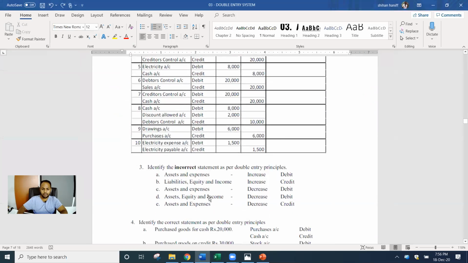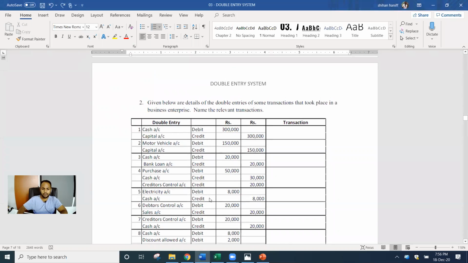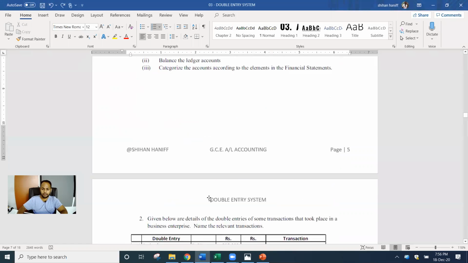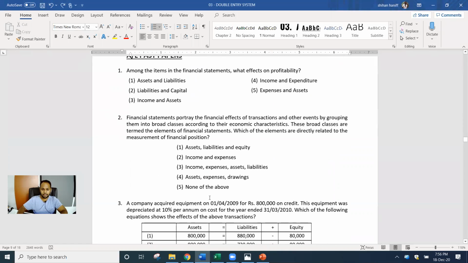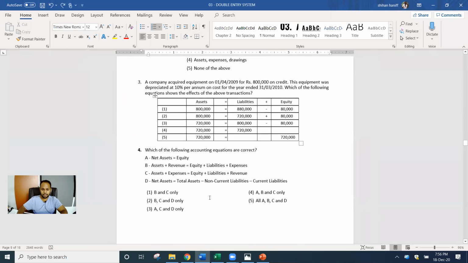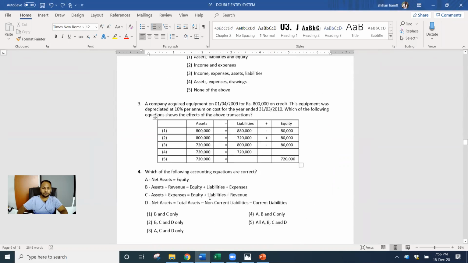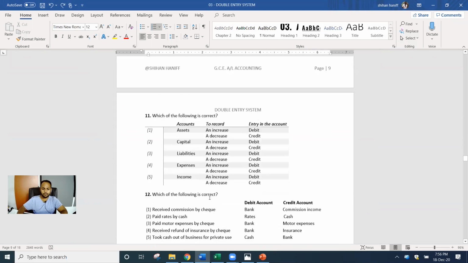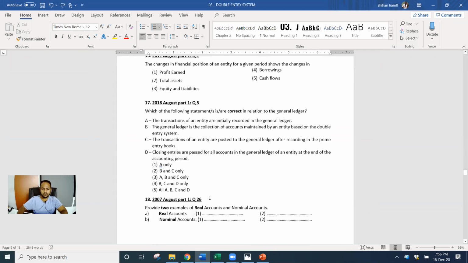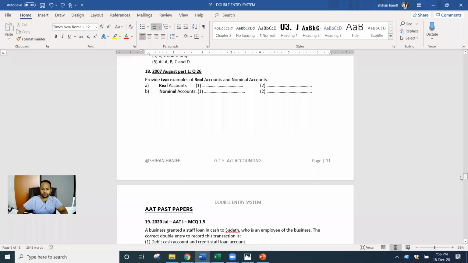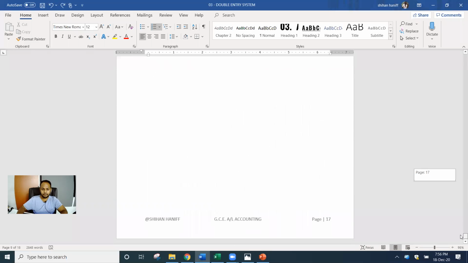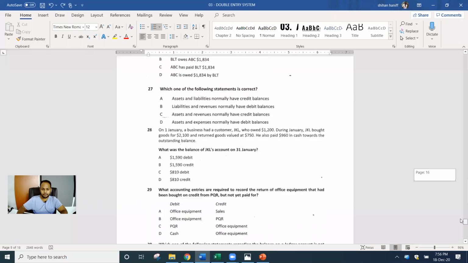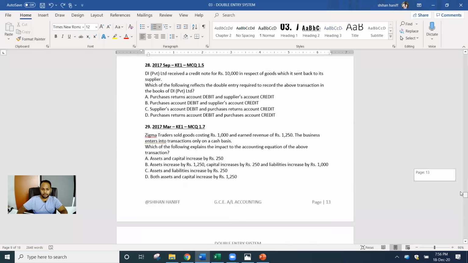So I have done the basics of the double entries. What I want you all to do is the MCQs. Did you all do all these MCQs? Right?